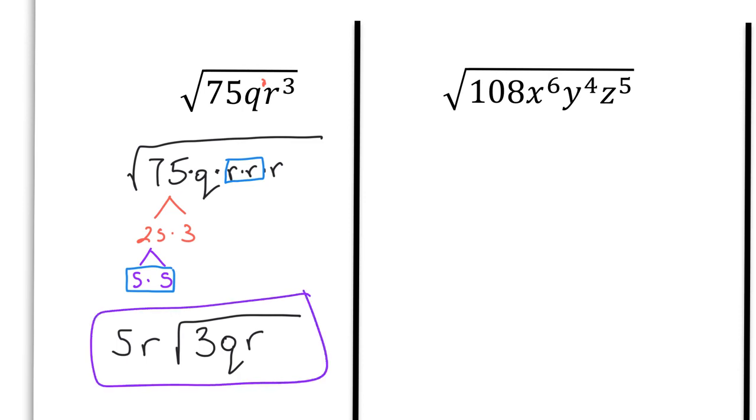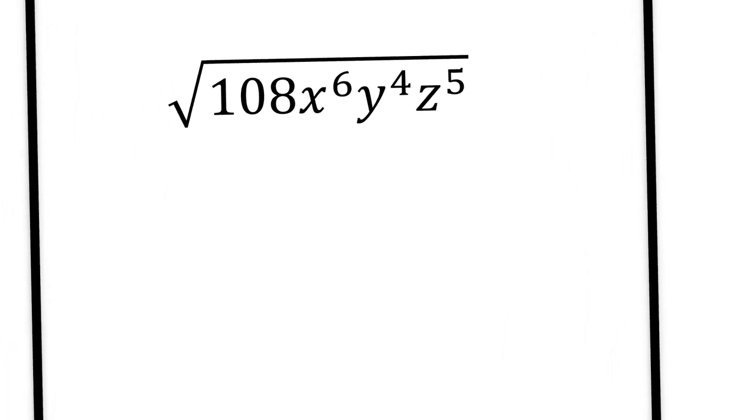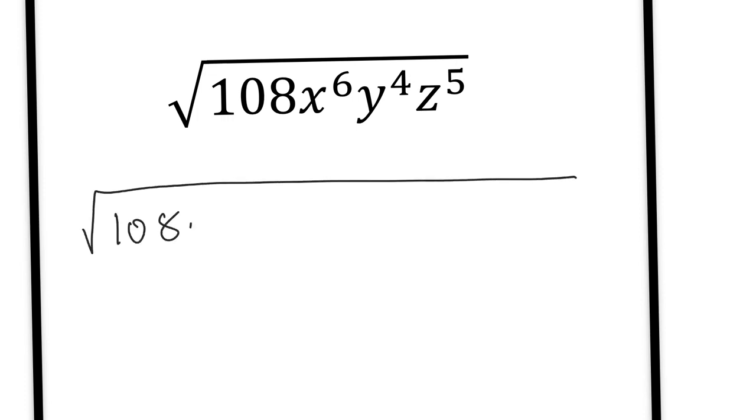The next one has more variables. So I'm going to expand the variables, and I'm going to break down the number. For the 108, I'm going to leave the number for now. I'm going to multiply x times x, and I'm going to do that 6 times because I have x to the 6th power: x times x, that's 3, 4, 5, 6.